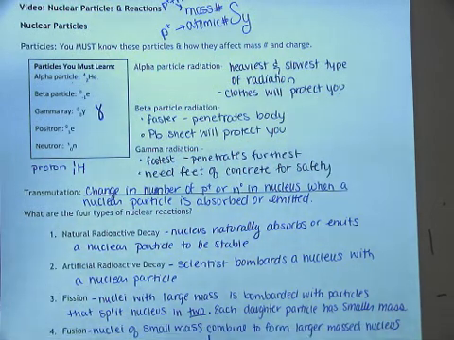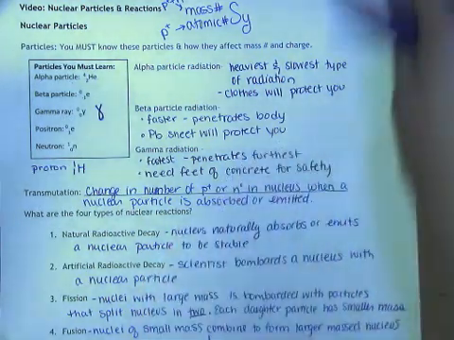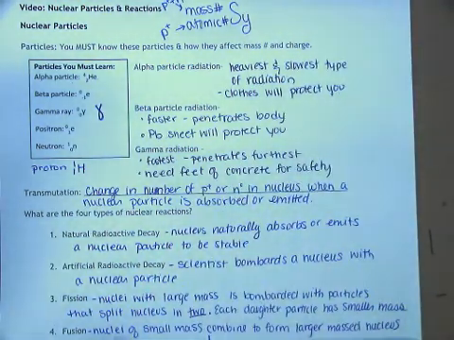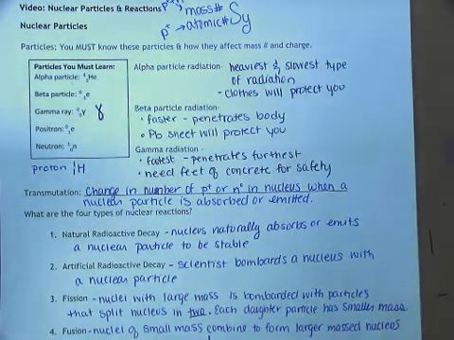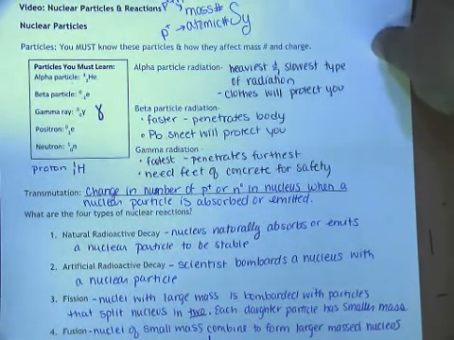Or we can have fusion. Fusion, we have the nuclei of small masses, so 2 small particles will combine to form a larger mass nucleus. So fusion, we fuse 2 things together, so we make something bigger. Fission, we're going to split them apart into 2 smaller molecules, or 2 smaller atoms.